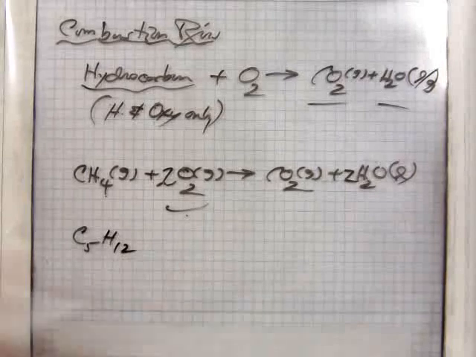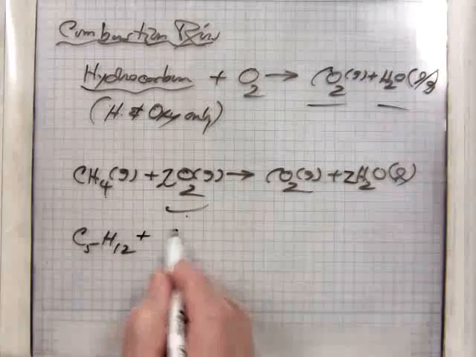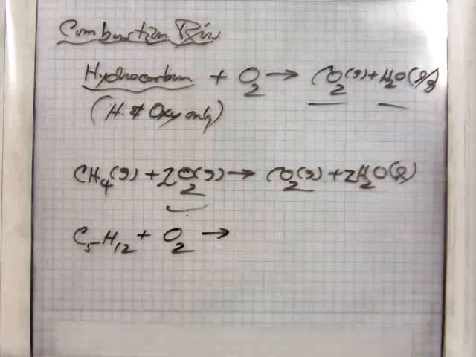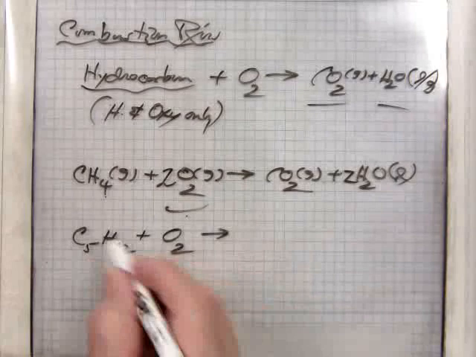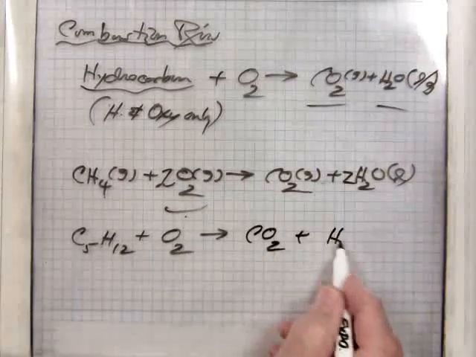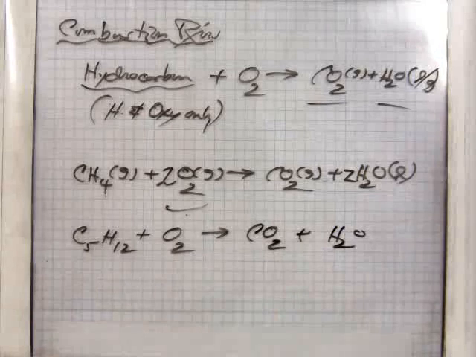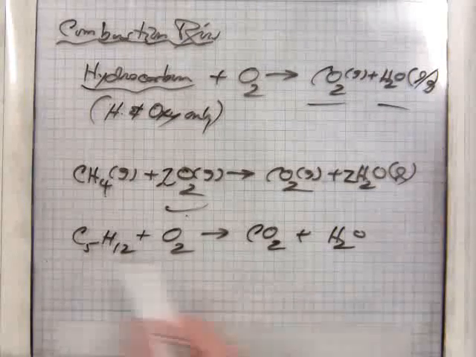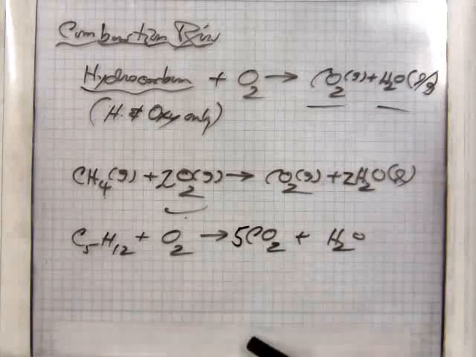C5H12. What is it going to produce when it undergoes combustion? O2, CO2, and water. That's what I'm trying to tell you. This is a no-brainer. When you see a hydrocarbon and oxygen, it's CO2 plus H2O. Now balance the carbons and hydrogens and then save the O2 to last in the balance. So you have 5, so I'm going to put a 5 right there.